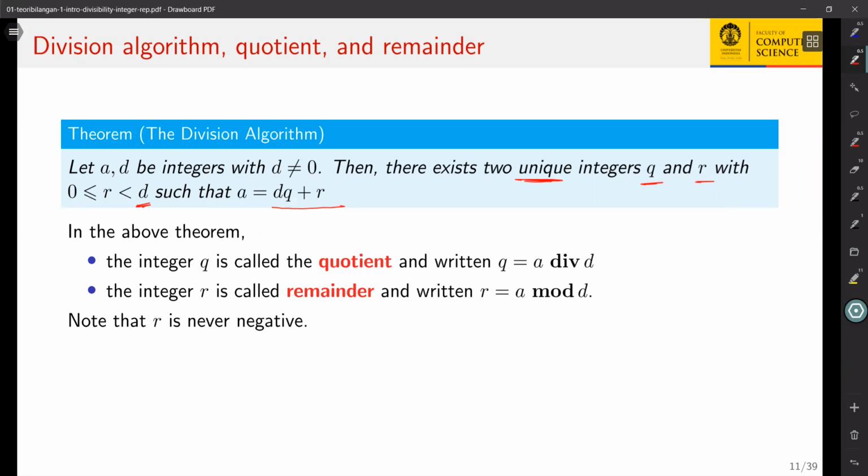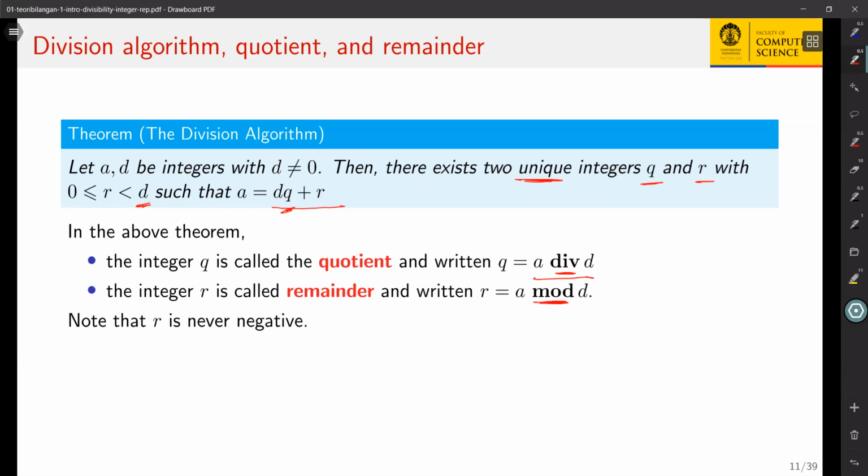Now, in some notations, we could define the Q here as the result of this operation A div D. So div is essentially an operation to get the quotient when you divide A by D. And of course, the mod operation, remember the boldface, I use a boldface font here.